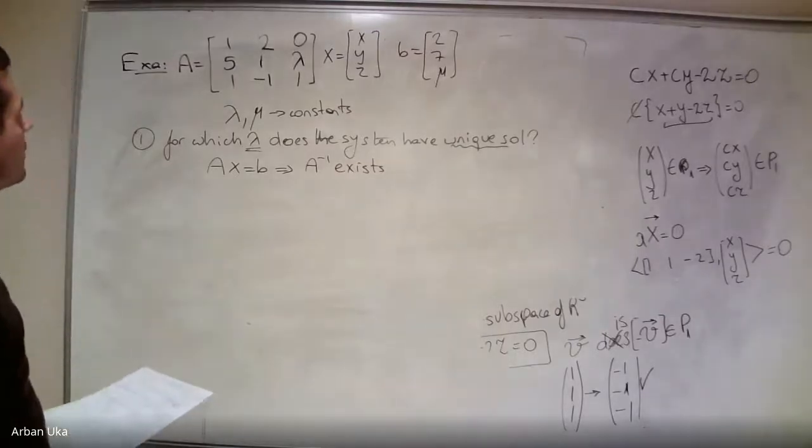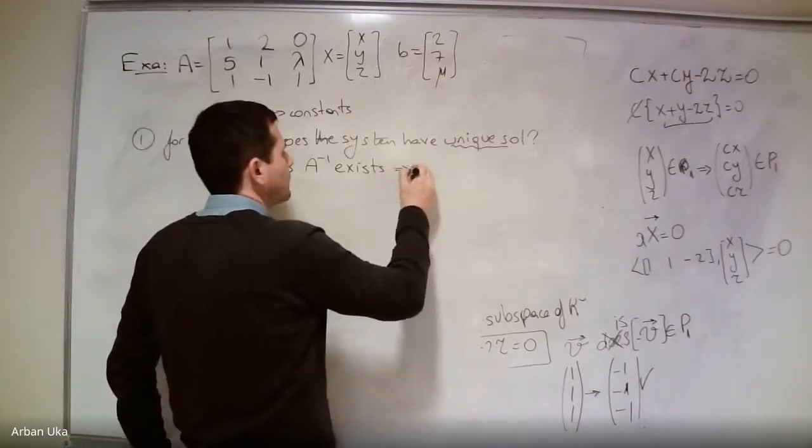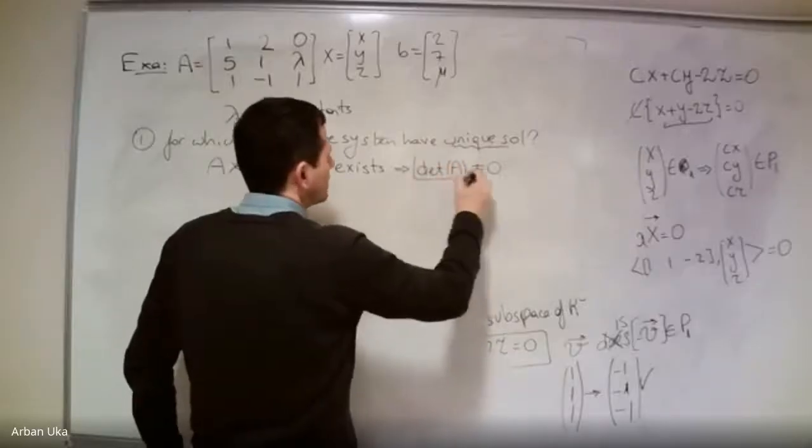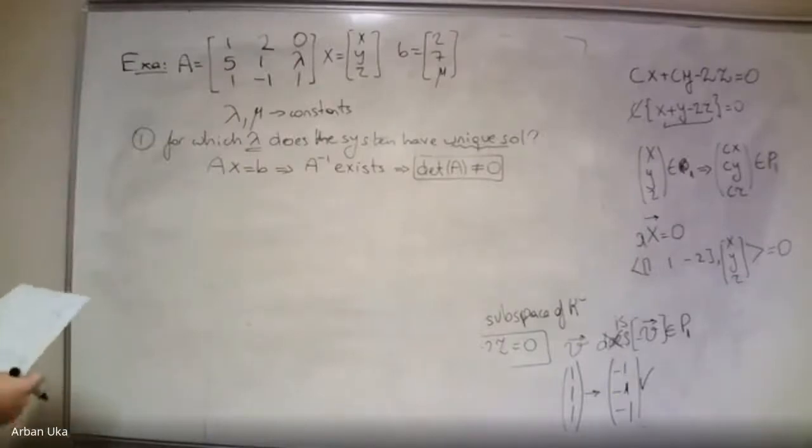So let's try to determine when the A inverse exists. When the determinant of A is different than 0. That's correct. So let's try to identify the determinant of A. We take a pivot row.